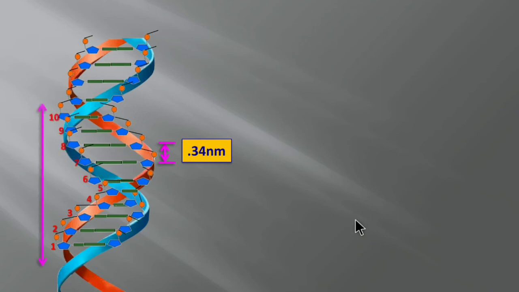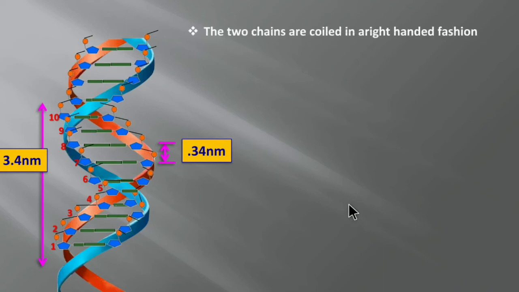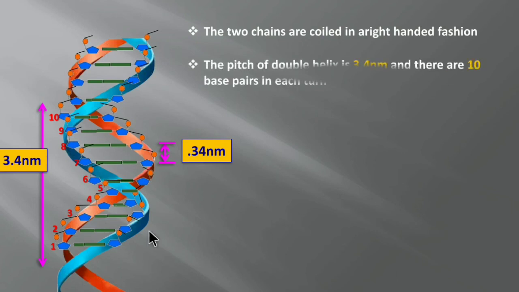The two chains are coiled in a right-handed fashion, and the pitch of the helix is about 3.4 nanometer. That means the length of one complete turn is about 3.4 nanometers.